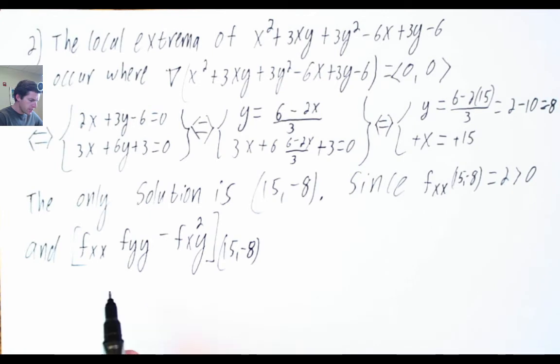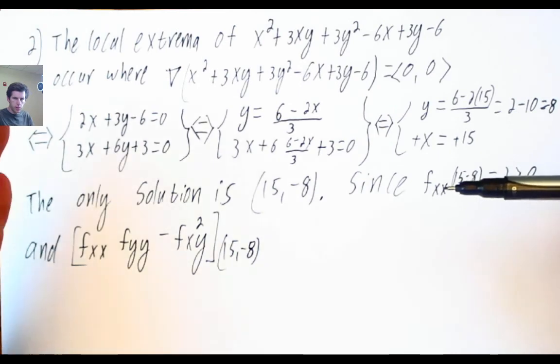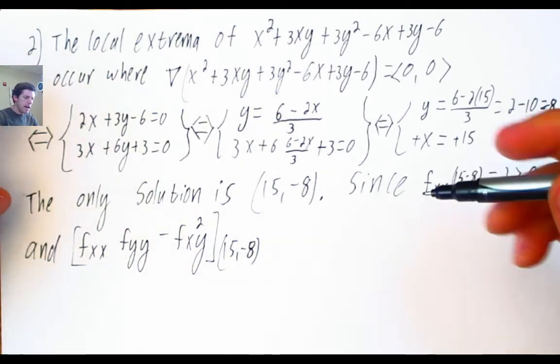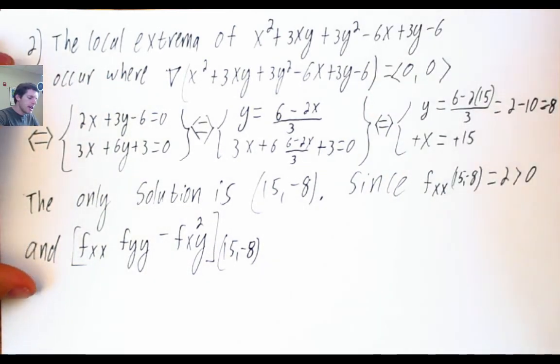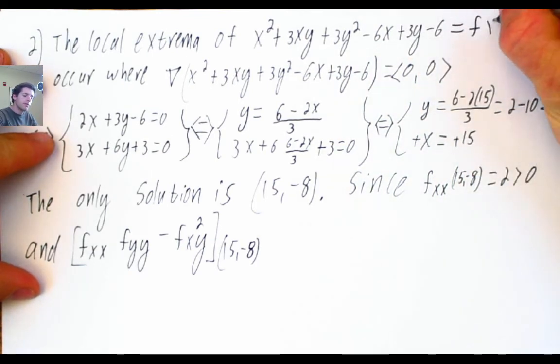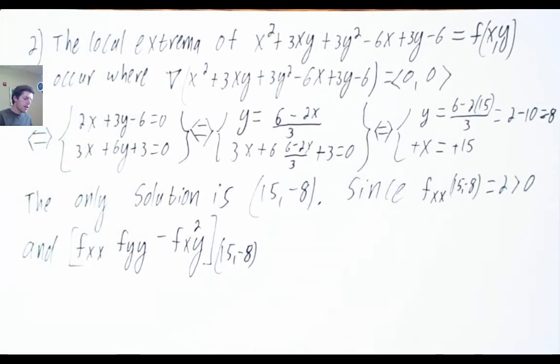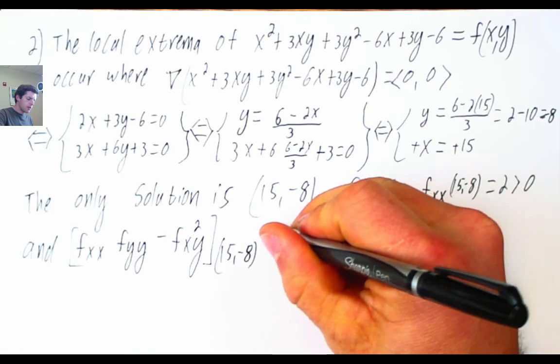I am using the symbol f, but what does f refer to? On this page, there is nothing named f so far. So maybe I should take a step back and say, this is what I mean by f, a function of x and y. Alright, so now the symbol f has some meaning.